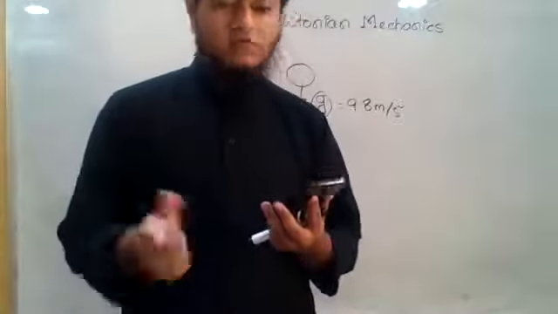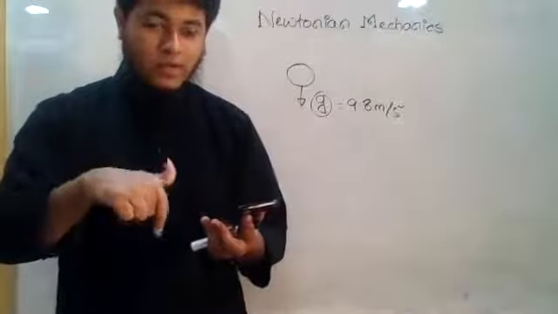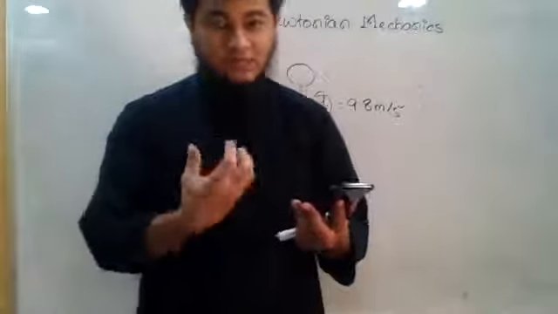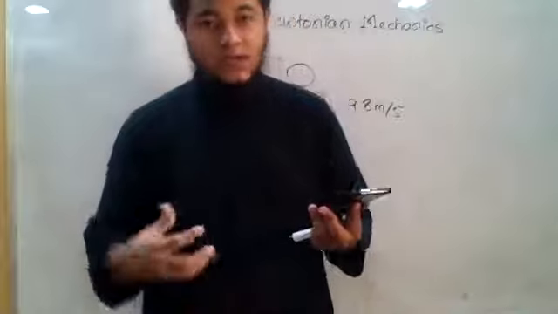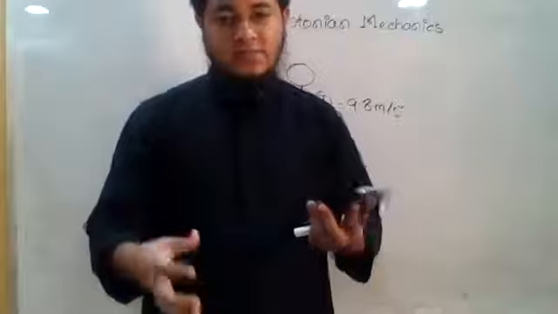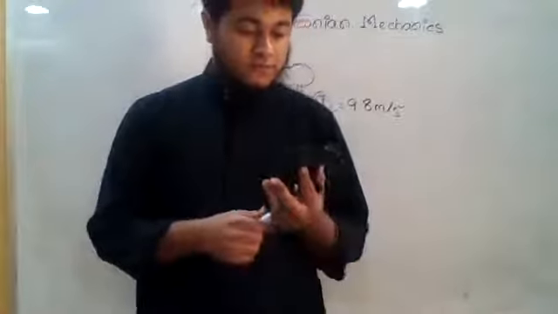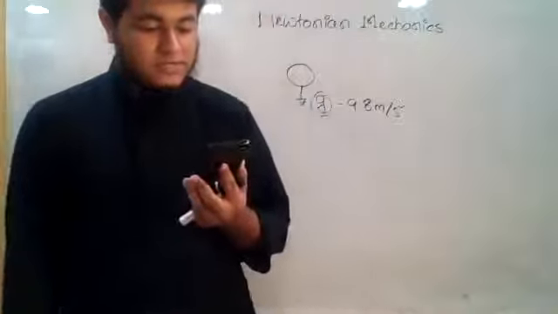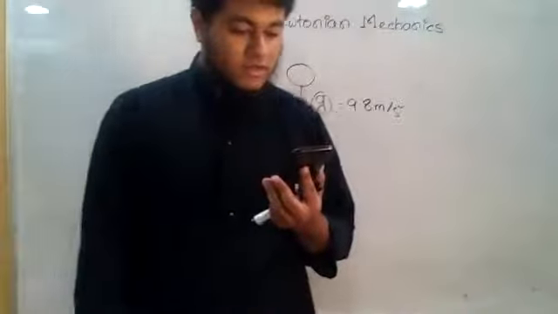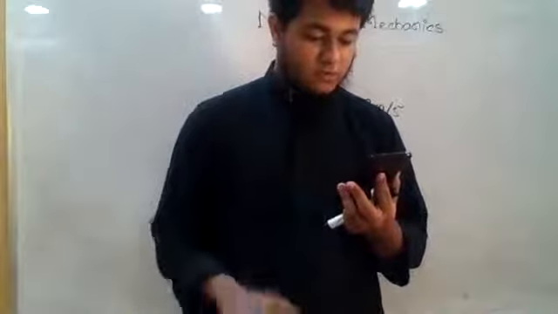A lift is going downward with the acceleration 2.5. The lift is already going down, and the acceleration due to gravity acts in the downward direction, 9.8, so both are acting in the same direction. As a result, both accelerations will be added: 9.8 plus 2.5. A person is standing in the lift and a ball of mass 0.55 kg is held in his hand at 2 meter height from the floor.